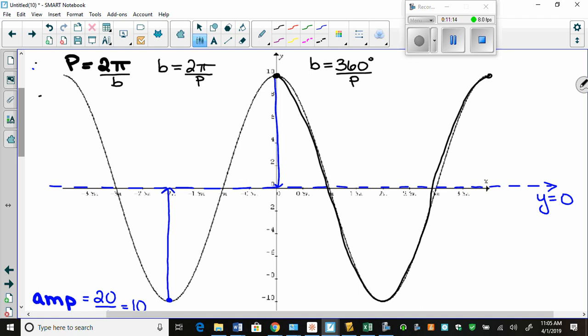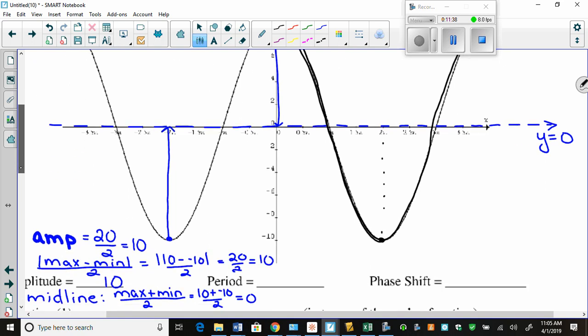So if you're not sure if that's 4, which it looks like it's 4, we could go from a max to a min. A max to a min takes 2 pi, doesn't it, horizontally, from 0 to 2 pi? And a max to a min is what? Half the period, correct? If a max to a max is the full period, a max to a min is half the period.